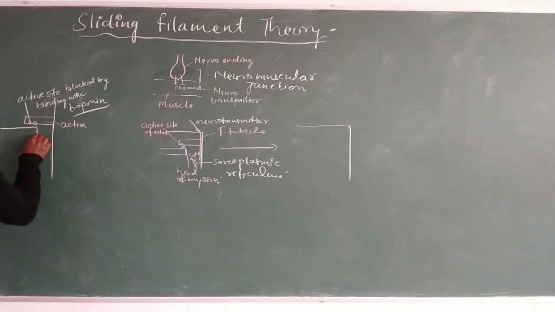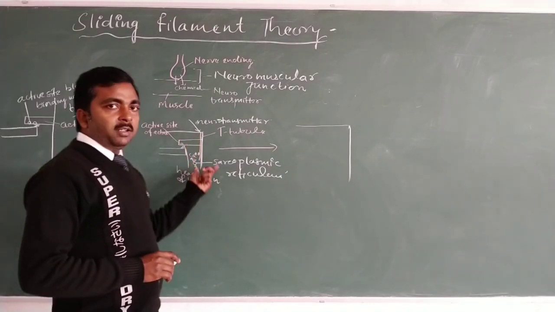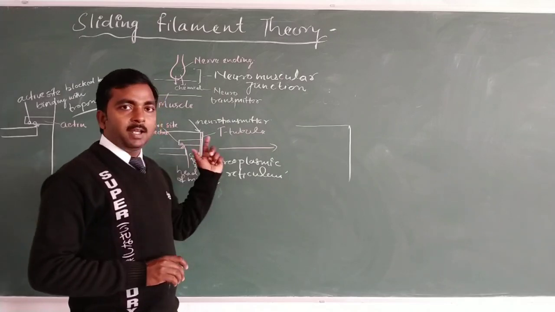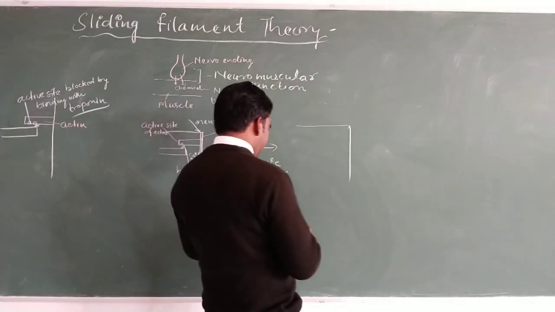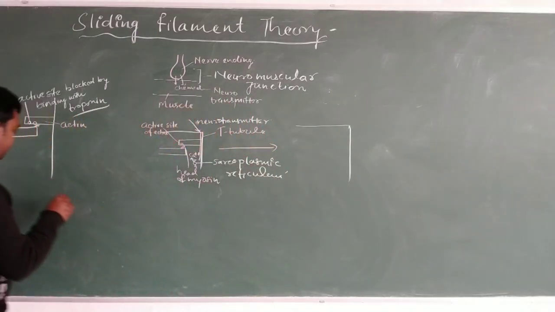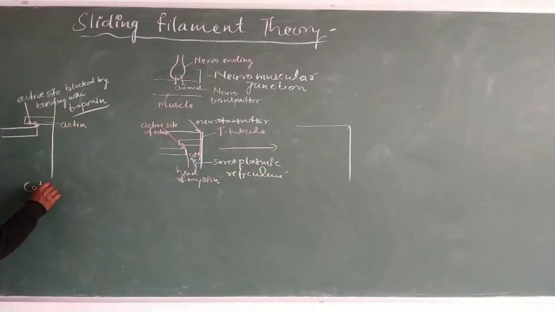And here is the myosin head, which is a free head. After receiving the nerve impulses, the calcium ion is released, and that calcium ion reacts with troponin.